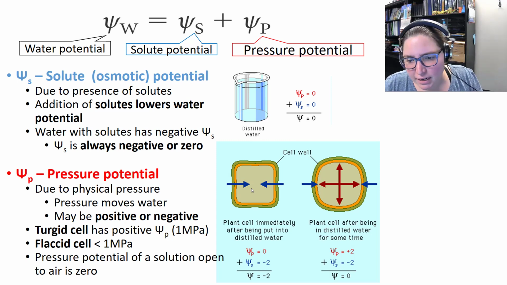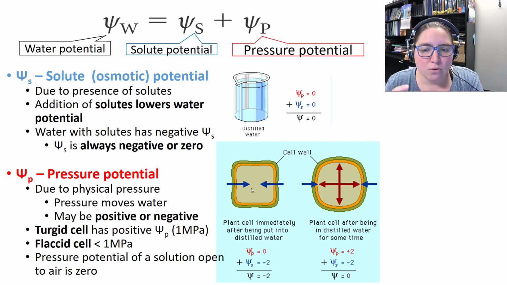However, after some time of being in distilled water, the plant has taken up as much water as it can hold. So now the pressure potential is at +2, the solute potential is at -2, so the total water potential is 0 at this point. So we're not going to have a net movement of water into the cell any longer because the cell has filled up with as much water as possible.